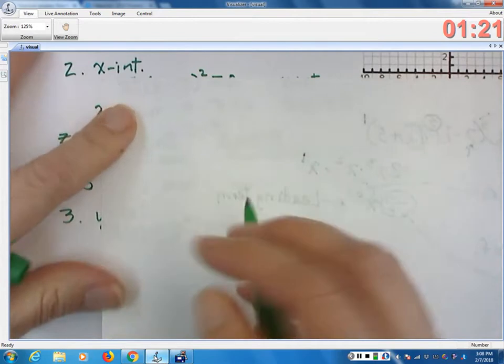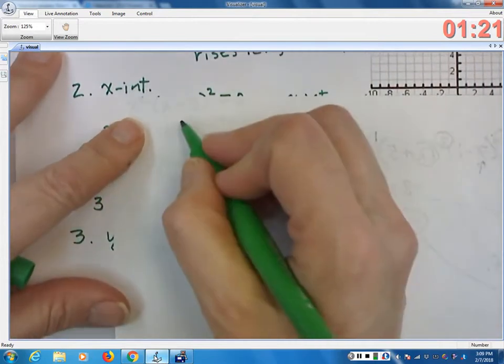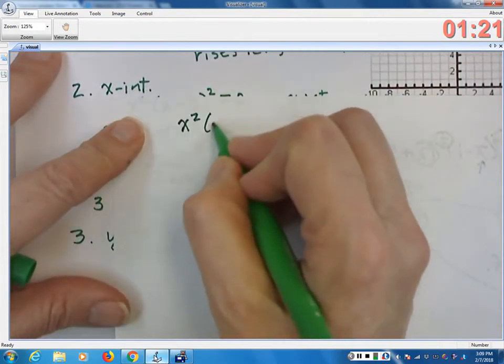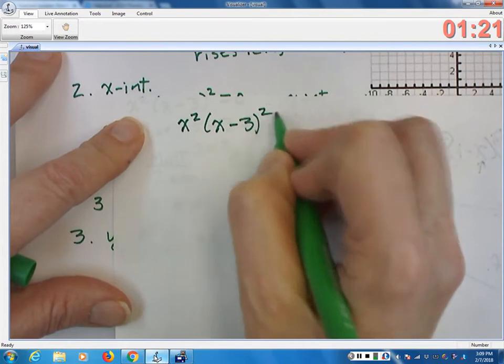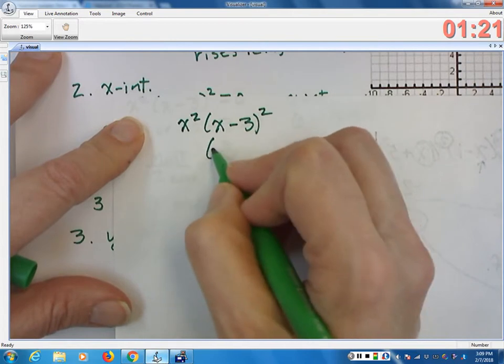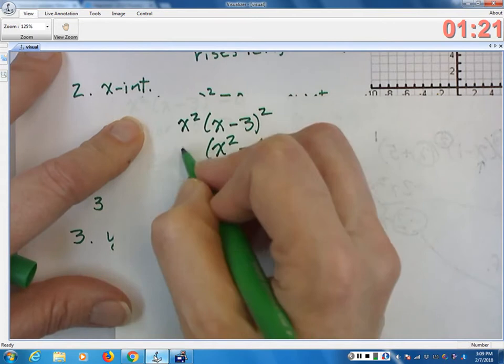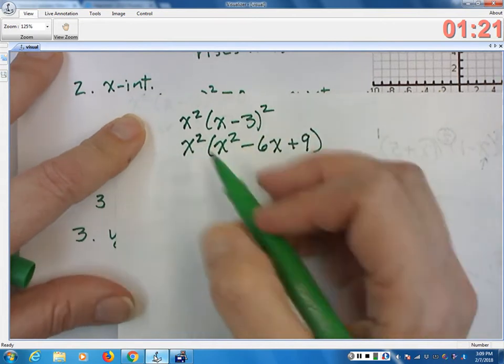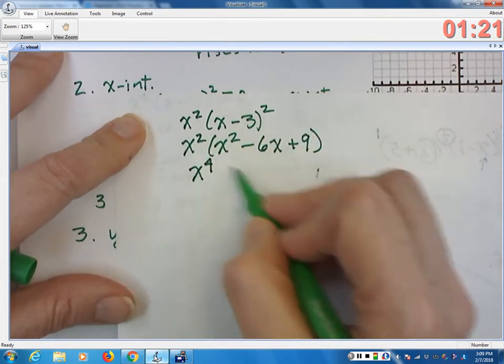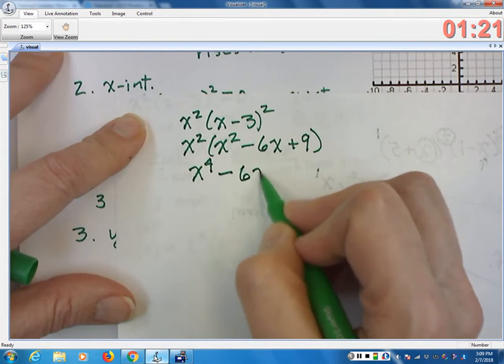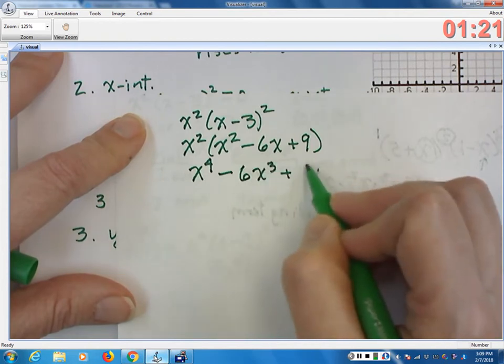Check symmetry. x squared times x minus 3 squared. x minus 3 squared is x squared minus 6x plus 9. And times x squared, that's x to the 4th minus 6x to the 3rd plus 9x squared.